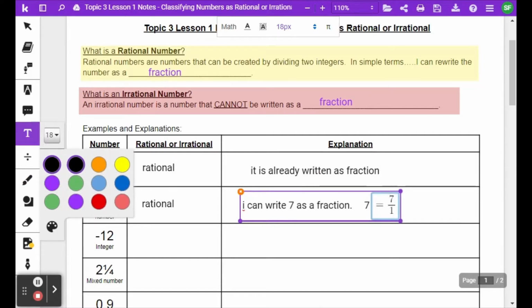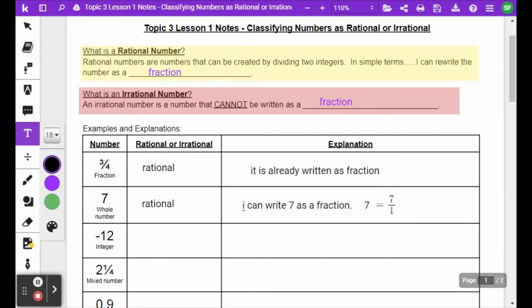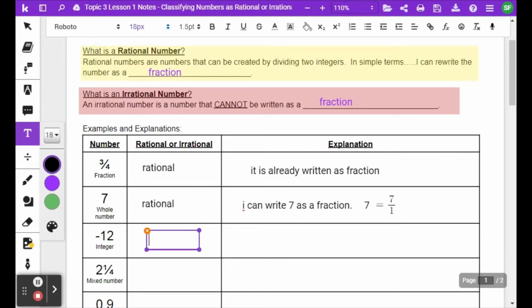Same thing goes with our integers, right? Our positive and negative whole numbers that we learned about in topic 1. -12 or any other integer, any other negative whole number or any positive whole number is going to be a rational number.